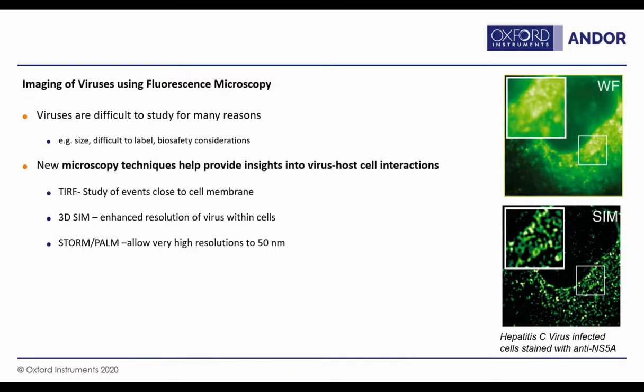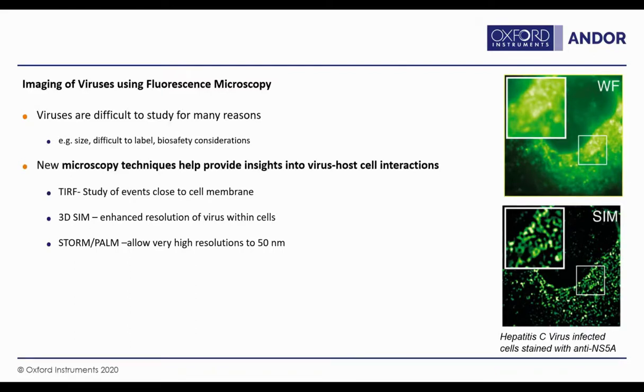Different techniques, of course, have different advantages. Techniques like TIRF are very useful for studying events in high resolution, but only in a small depth of less than 100 nanometers, making it effective for events close to the cell membrane.